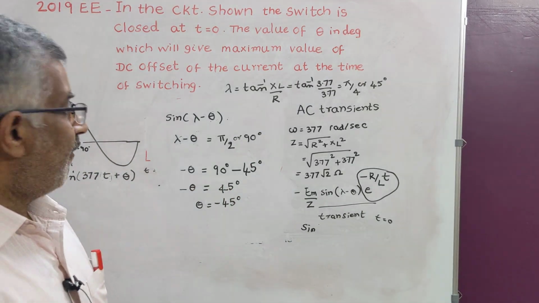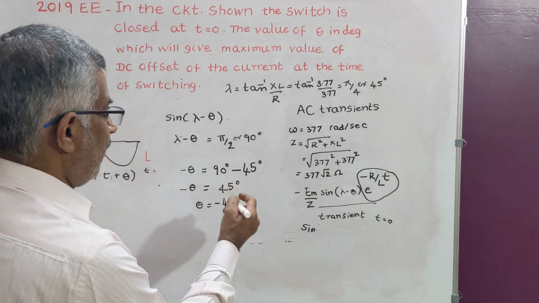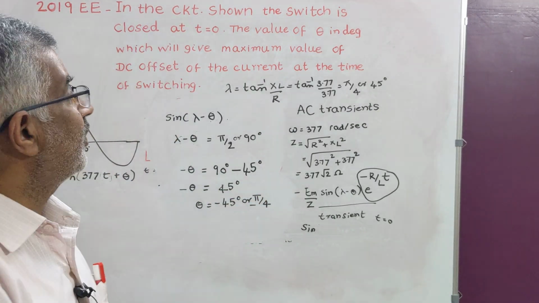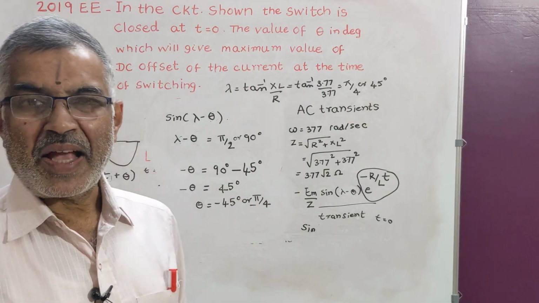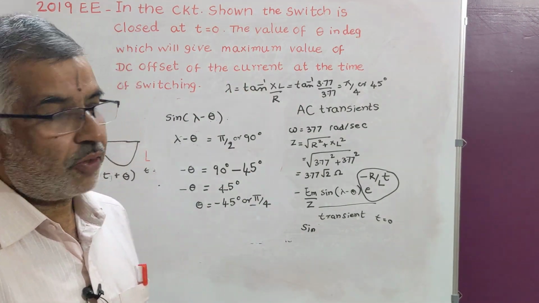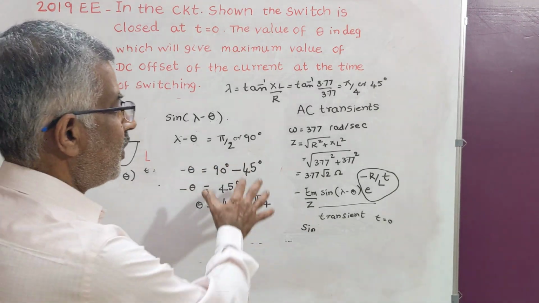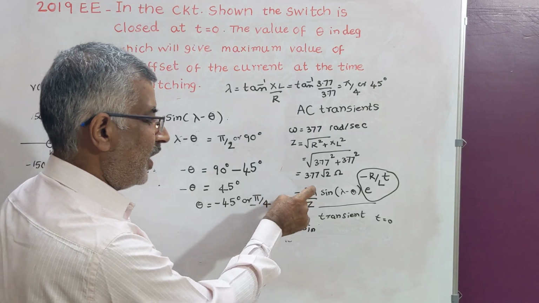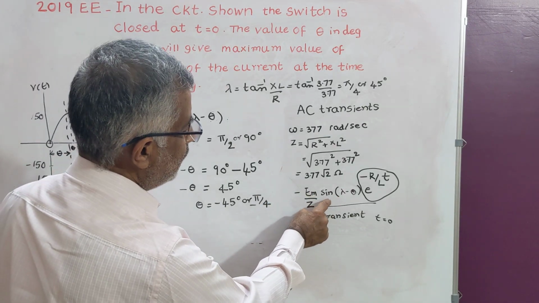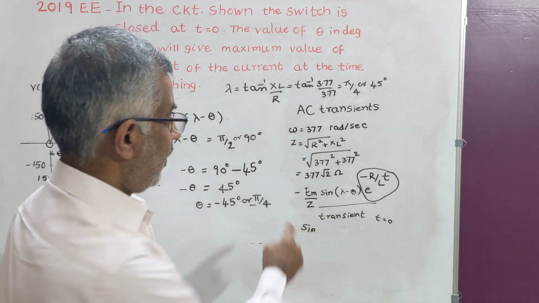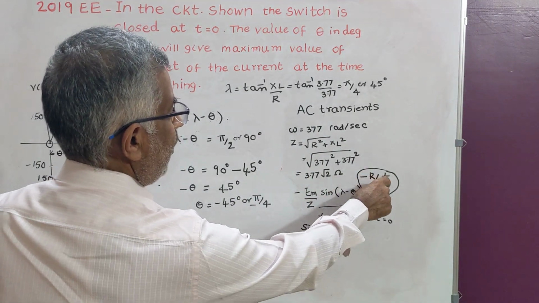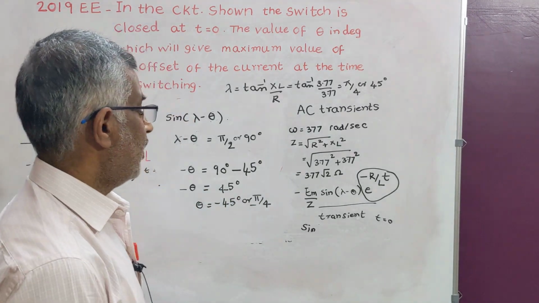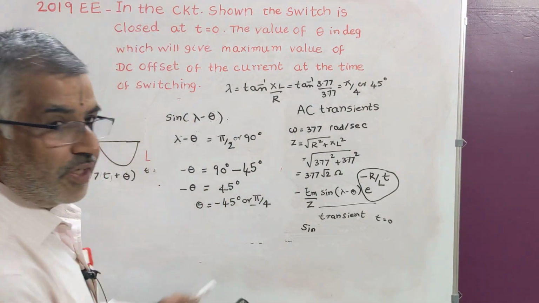When theta becomes equal to minus 45 degrees, or minus pi by 4 radians, then the offset will have maximum value at t equal to 0. And that ends the problem. I hope that students have noticed the slight correction: minus Em by Z sin(lambda minus theta) e power minus R by L t, and the answer is theta equal to minus 45 degrees.